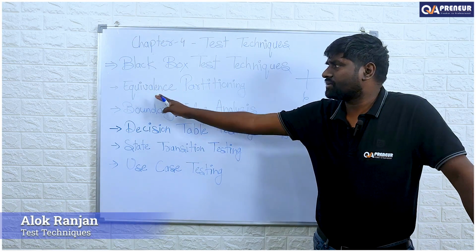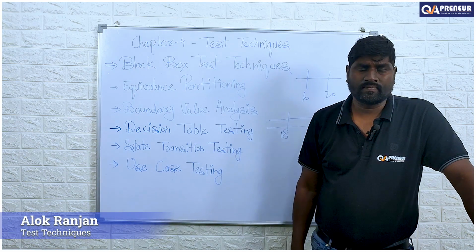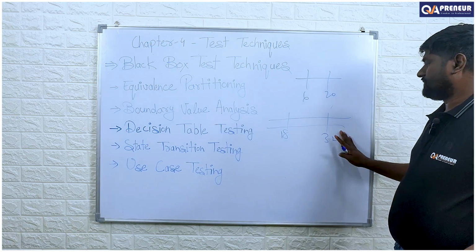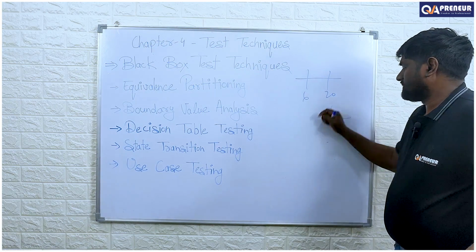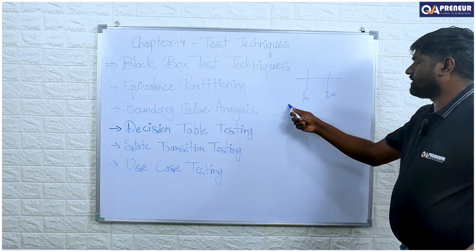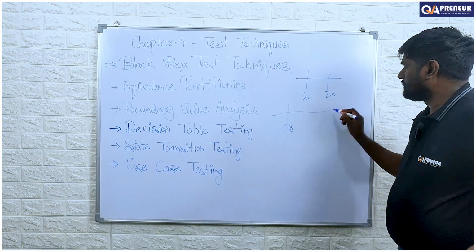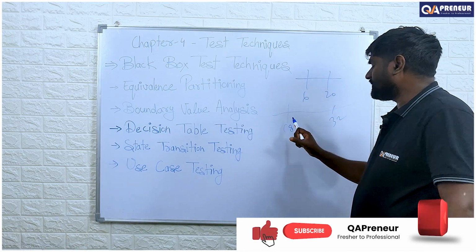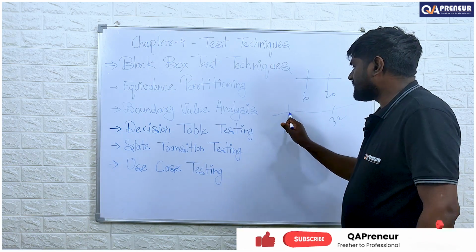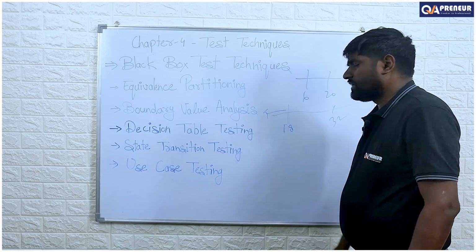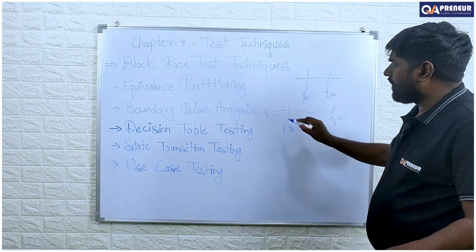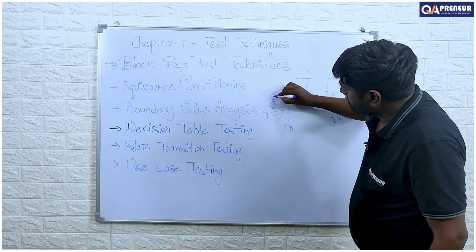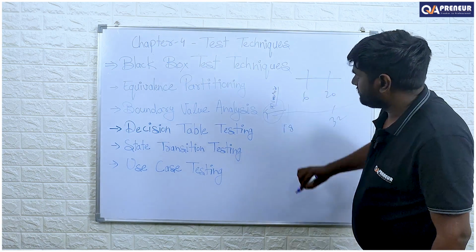The first technique is equivalence partitioning. Let's say we have a range, 18 to 32. If any person is below 18, not applicable for jobs, it is invalid.